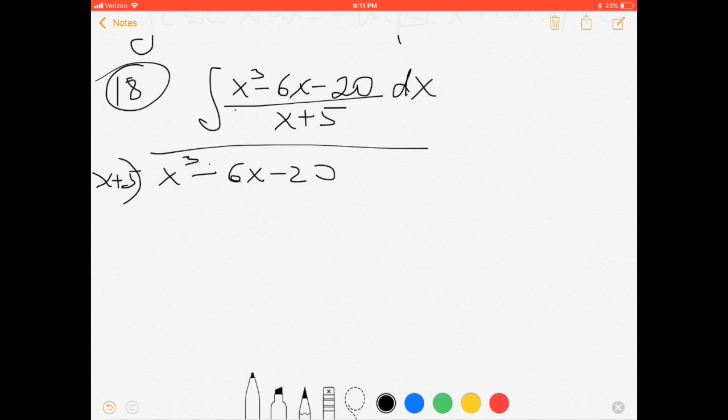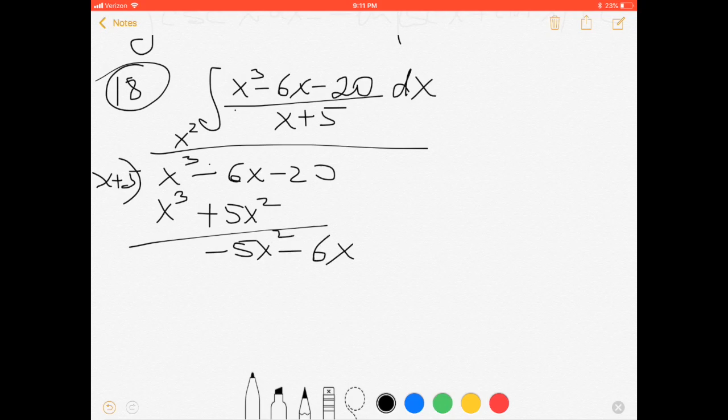What do I need to multiply x by to get x cubed? I think it's x squared. So I have x cubed plus 5x squared. Subtract: negative 5x squared minus 6x.